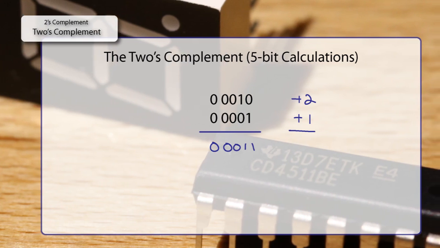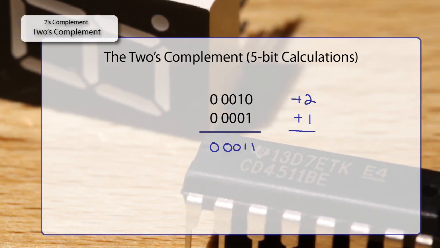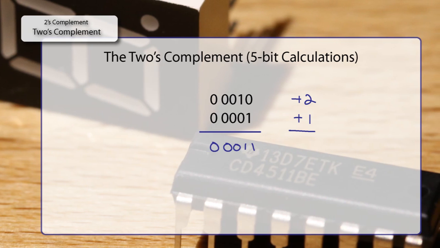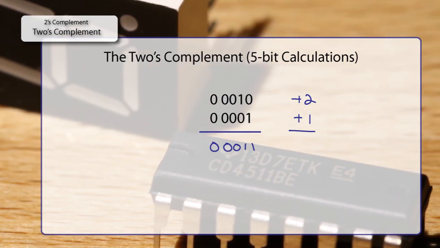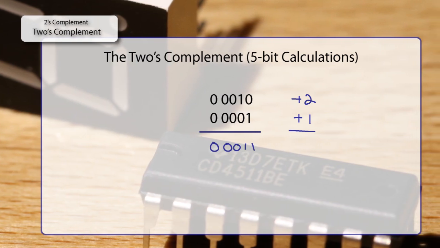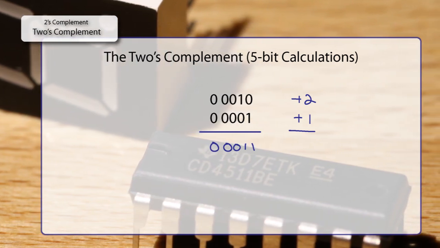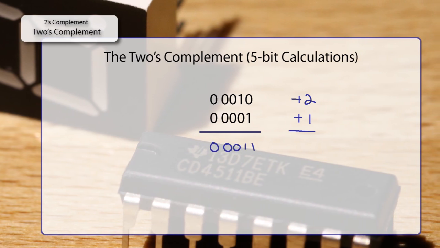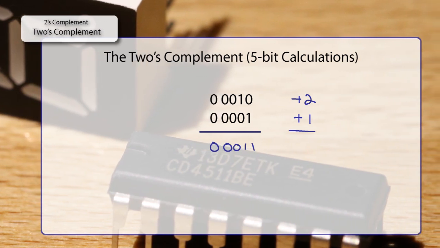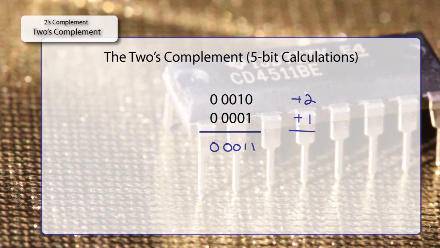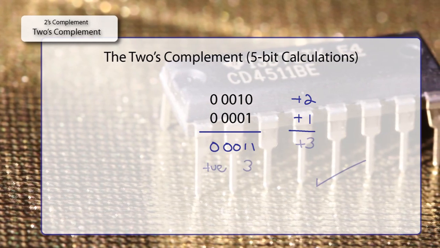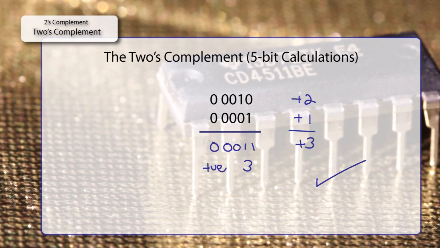So let's look at the examples from before. 2 plus 1 and 2 minus 1. 2 plus 1 will be represented in a 5-bit system, where we have one sign bit and 4 magnitude bits, as 0, 0, 0, 1, 0, added to 0, 0, 0, 0, 1, which when we do the addition gives us 0, 0, 0, 1, 1, which is decimal 3 as we would expect.